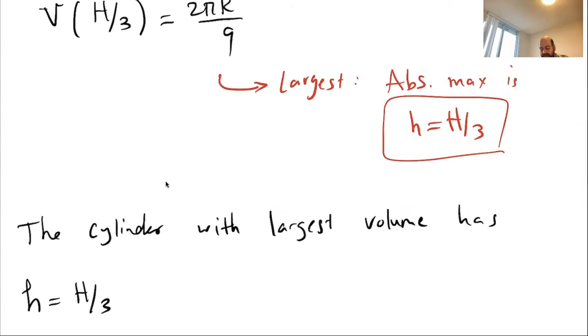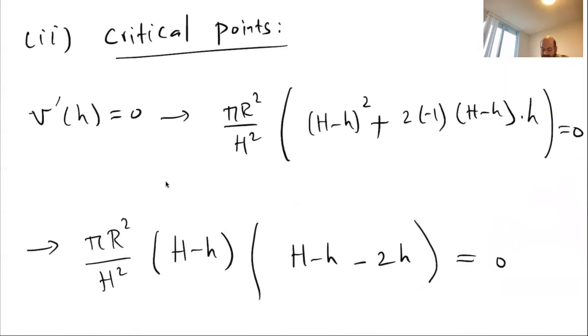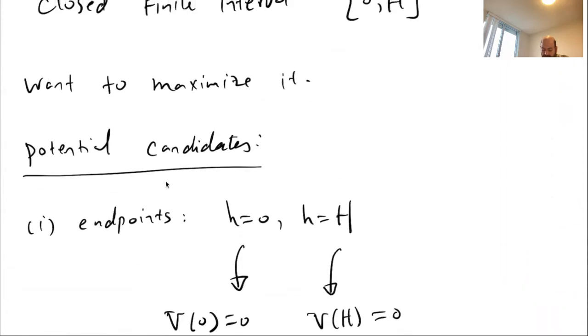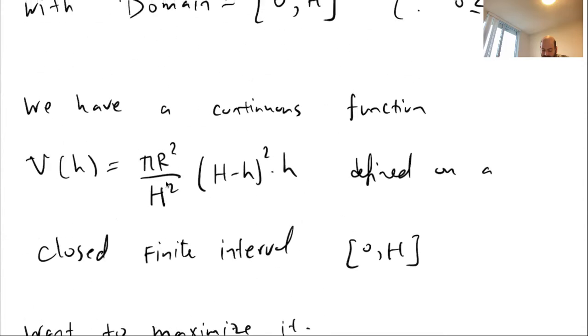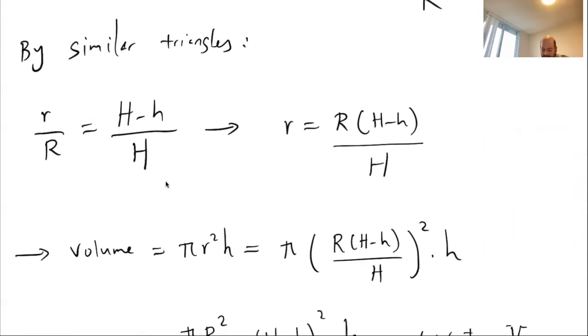This is the height of this cylinder, and what is the radius of this cylinder? With radius small r, how can I find small r? There was a connection between small r and small h. What was the connection? Let's see here. We can call this formula star.